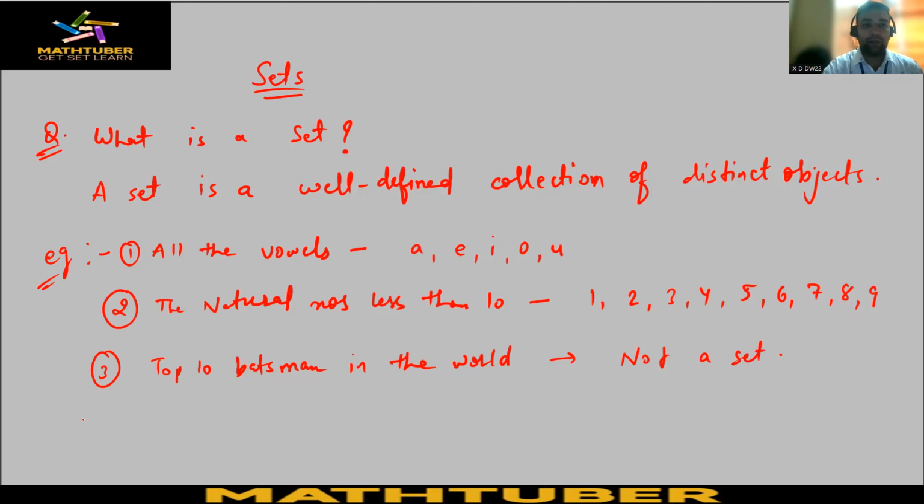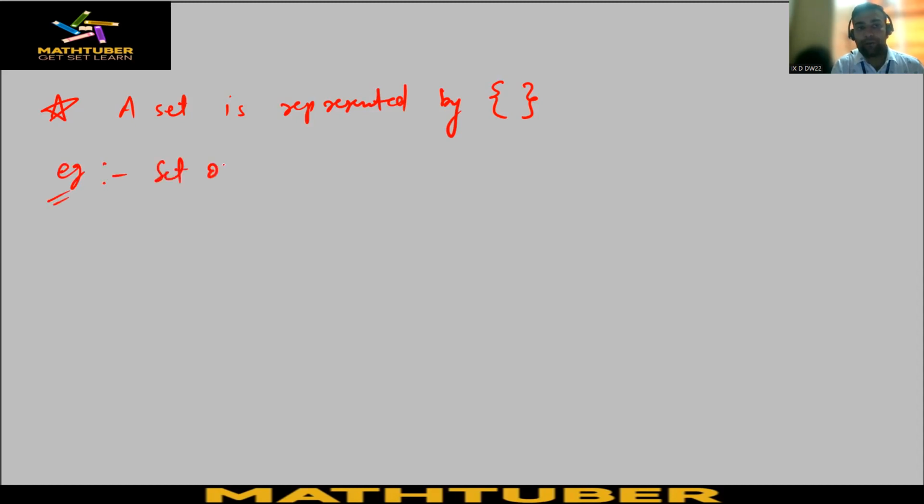So now, a set is always represented by curly brackets. So for example, if you want a set of vowels, then you will have to write it like this: A, E, I, O, U inside the curly brackets, right?